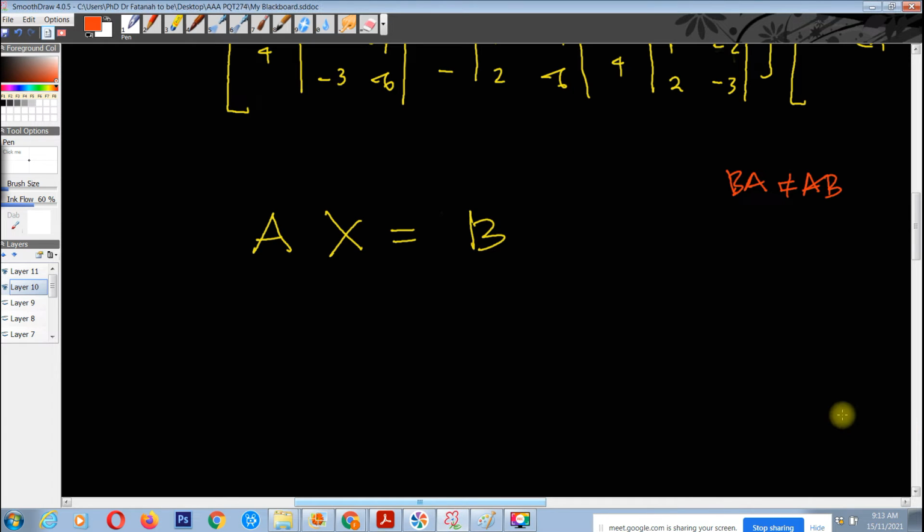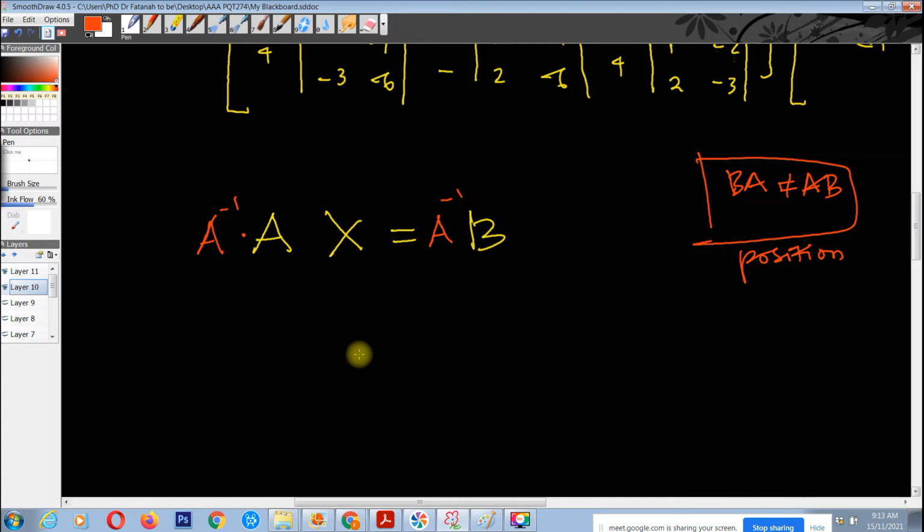Because matrices involve position. So if we put A inverse in front of this, we need to put it in front, not at the back.